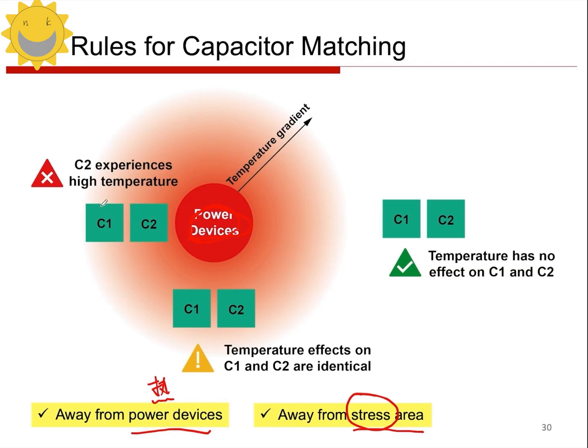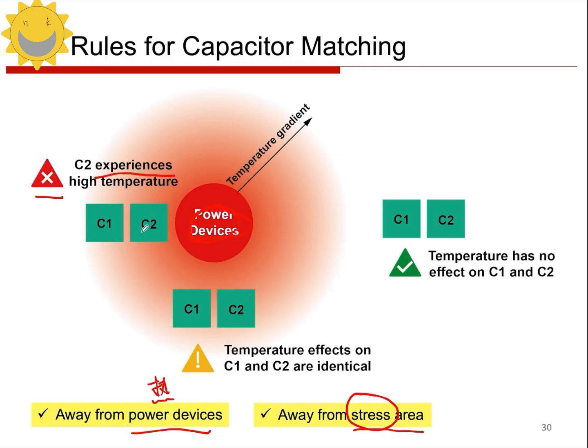If we have two capacitors, C1 and C2, and we want to match them, let's look at their placement. C1 is far away from the power device, while C2 is relatively close to it. This kind of placement is really not advisable. It will lead to serious deviations in the characteristics of C1 and C2. Why? Because C1 and C2 experience different temperatures.